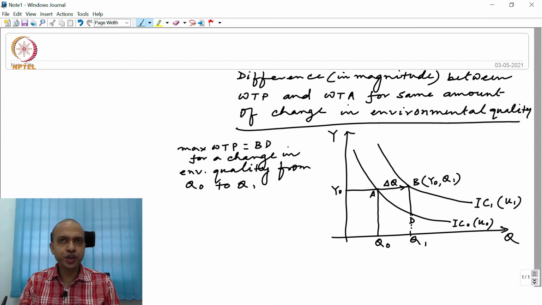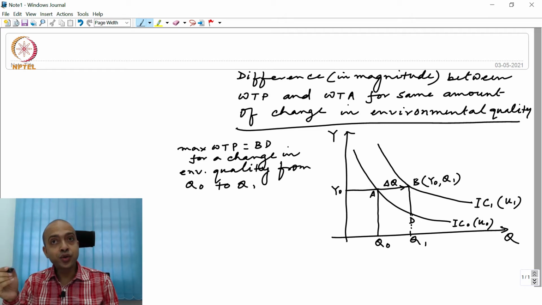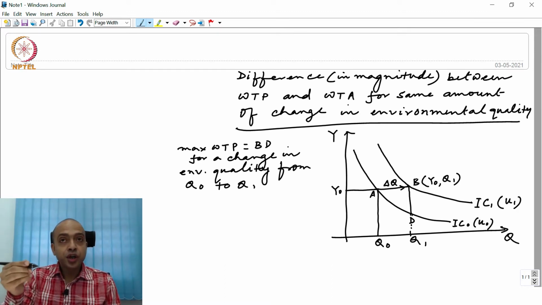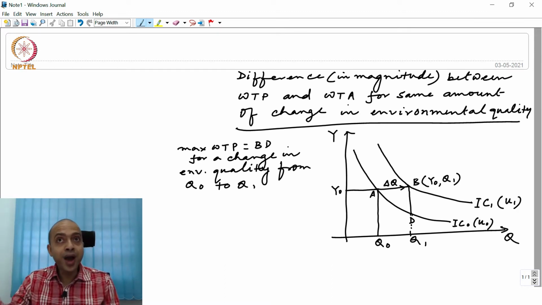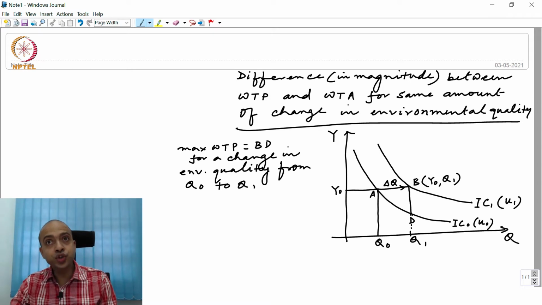How will the individual determine? Individual would like to get that much compensation so that when environmental quality degrades, with additional income, individual will like to go back at least to his or her previous utility.